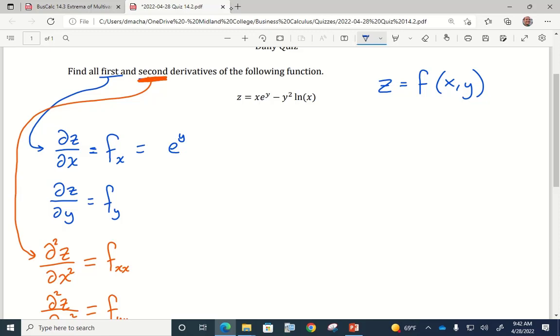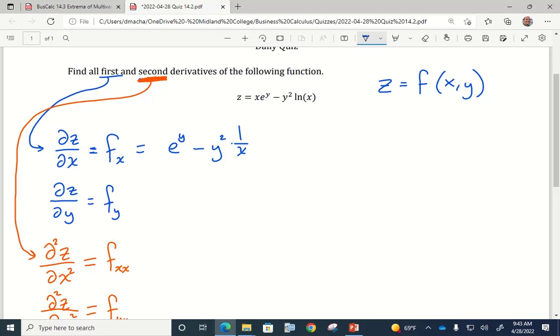And then again, pretending y is a constant, that means y squared is just a constant. The derivative of natural log of x would be 1 over x. And so I could write that as my partial derivative with respect to x. We're just pretending that y is a constant number. If it helps you, just say that y is the number 5, and then take the derivative pretending y is the number 5, and when you're done, just remember that that 5 represents y.